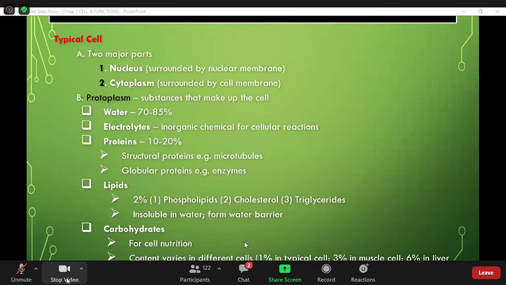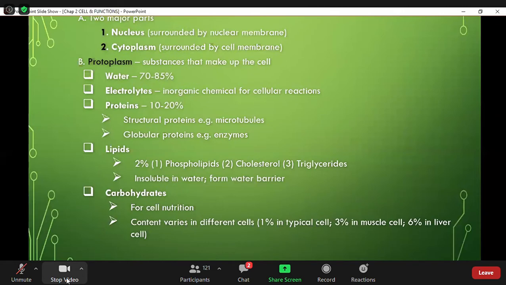The cell is made up of 70 to 85% water and electrolytes, such as your inorganic chemicals for cellular reactions. Proteins is 10 to 20%. Lipids and carbohydrates will make up your protoplasm.